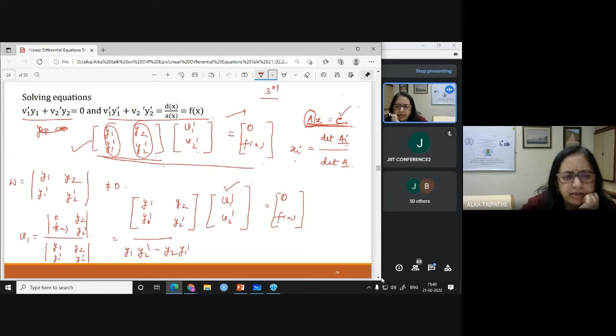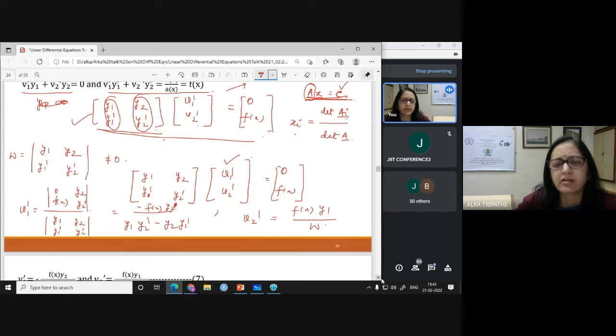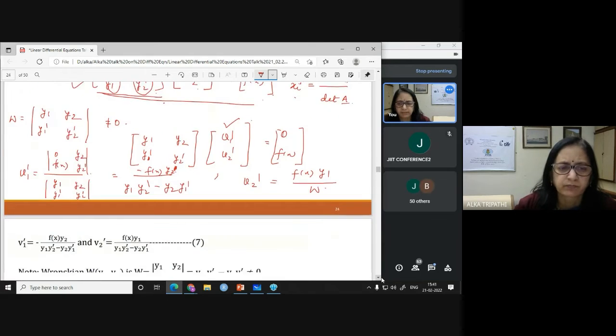Then when you find the determinant, you will get minus fx y2. So v1 dash is this value. Similarly, v2 dash is fx into y1 divided by this value, which we call W. So once you have v1 dash and v2 dash, you can get the values of v1 and v2 by integrating with respect to x.